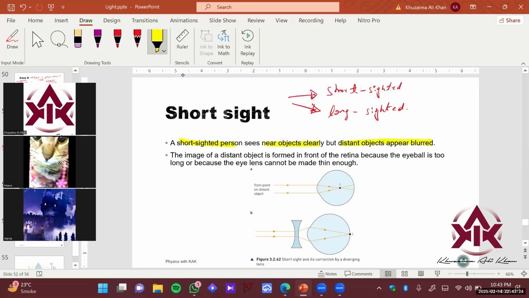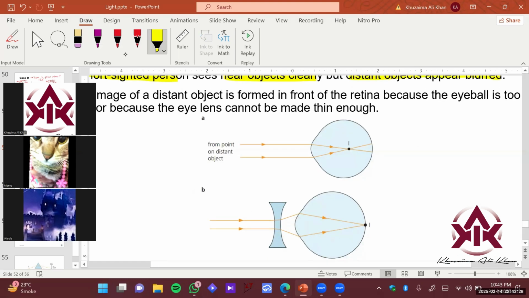Because if you see this scenario, let's say you're trying to observe an object which is pretty far away, the rays are going to enter like this. This is your retina, the screen where the image forms inside your eye, okay? So the image is getting formed closer, right? You want to make sure the intersection point of the image is at the retina so that it is visible enough to you.